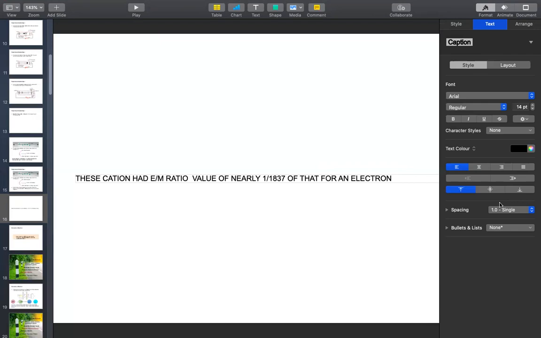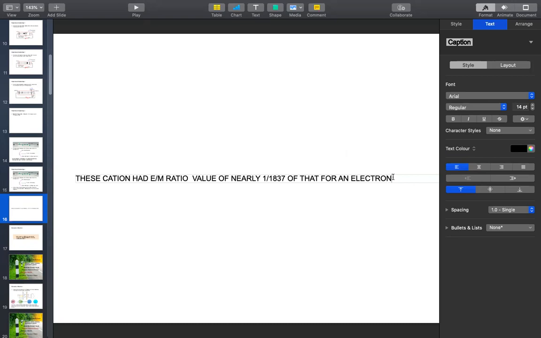Sir, they were that many times heavier. Very good. Guys, the e by m ratio of this cation, which cation? Hydrogen cations, is nearly 1 by 1837 times that of the electron, because the charge on the electron and the hydrogen ion is the same in magnitude, so the change is happening due to the mass. And that was the first time we got to know that the mass of the hydrogen ion is nearly 2000 times heavier than the mass of the electron.